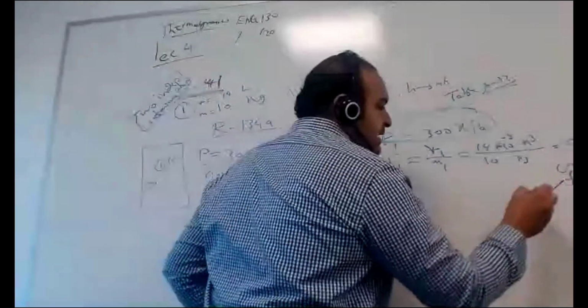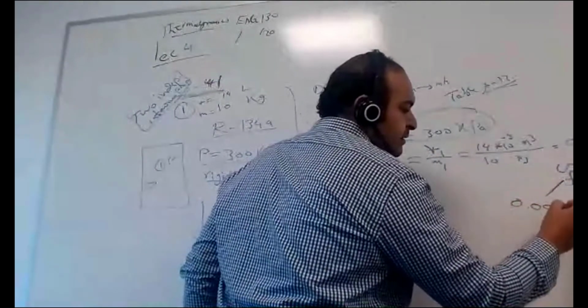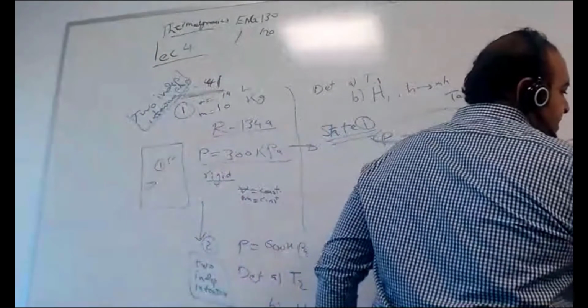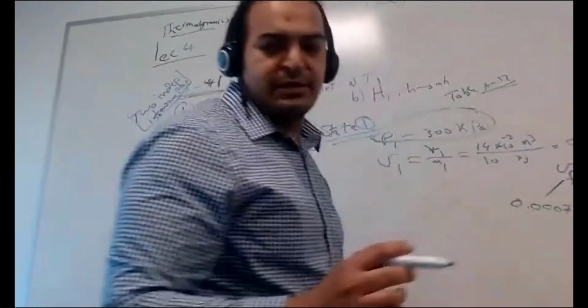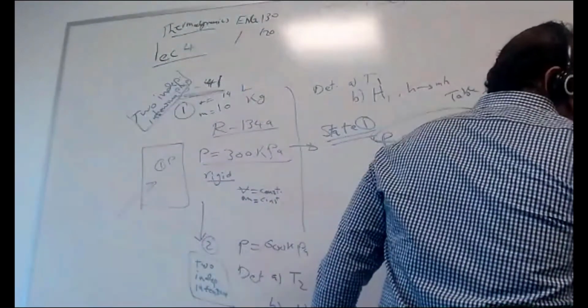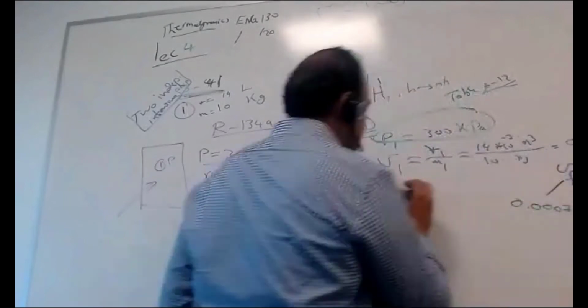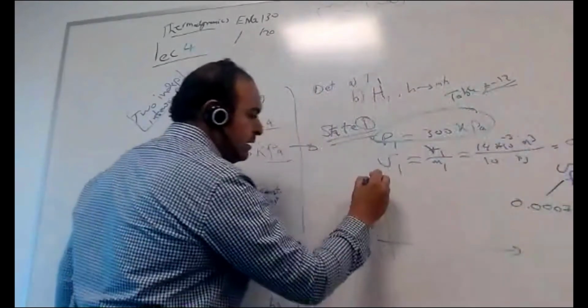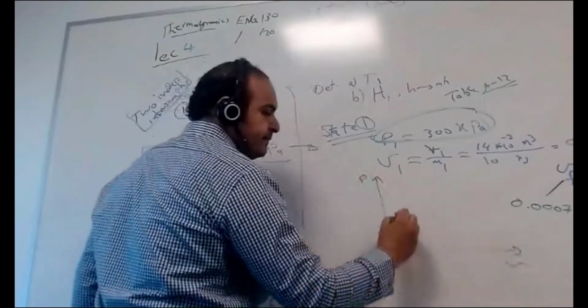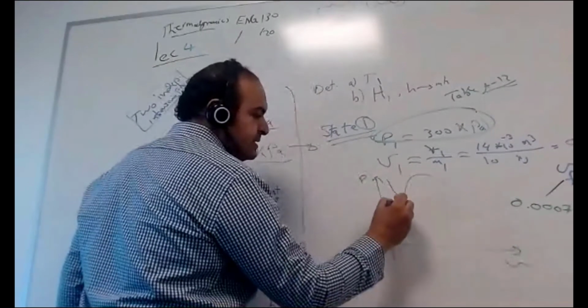This value is 0.000 something, I think 6 or 7. So this means you are a mixture. If you plot, for example, the PV diagram, temperature line, something like this.